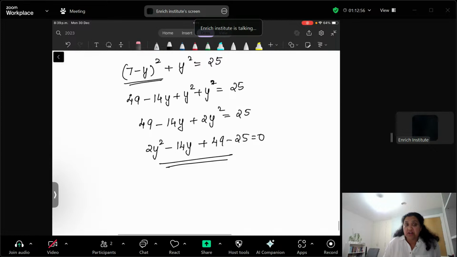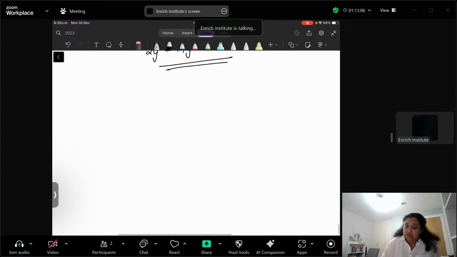Now, this is a quadratic equation which you can solve using the minus b formula or factorizing, whatever the case may be. So the tip is, whenever you see a linear and a quadratic equation, you find one variable out of the linear equation and sub it into the quadratic equation, and then you will be able to do it.